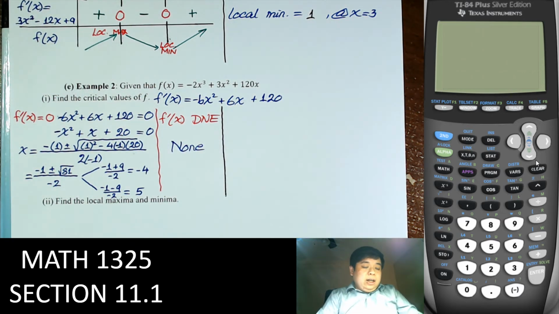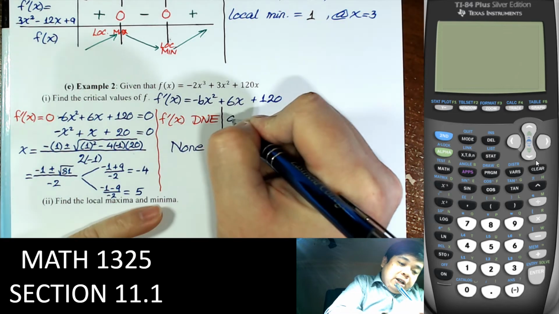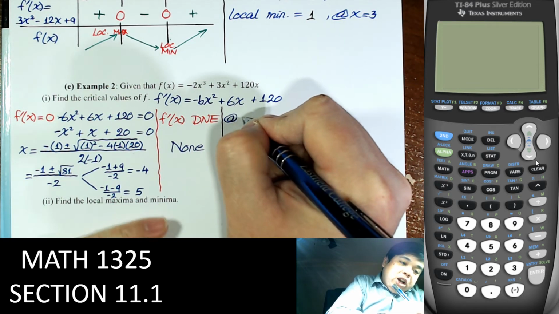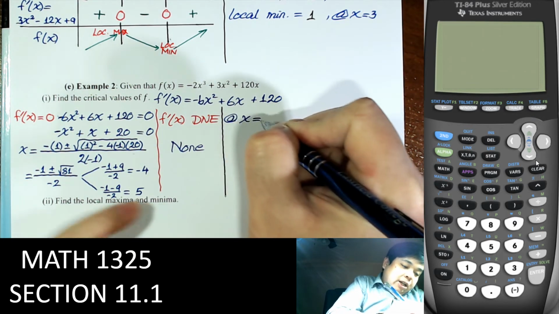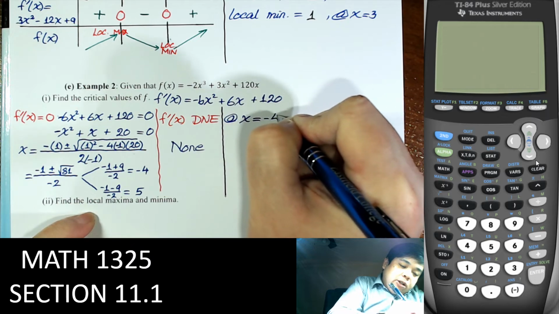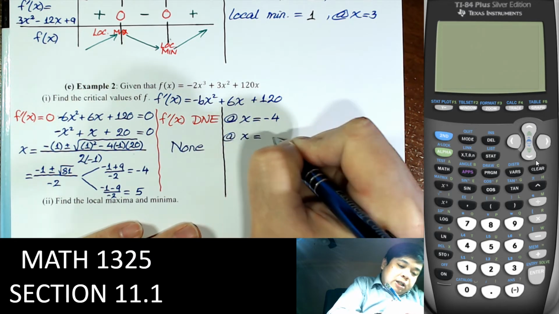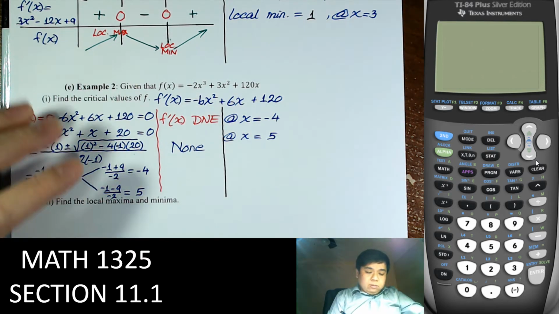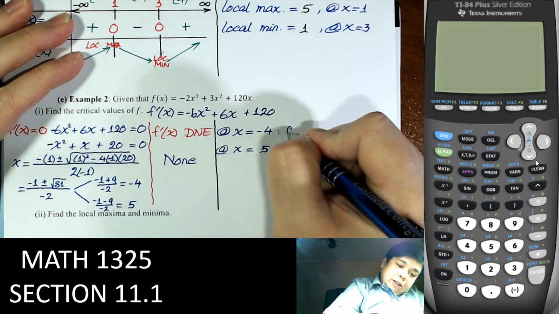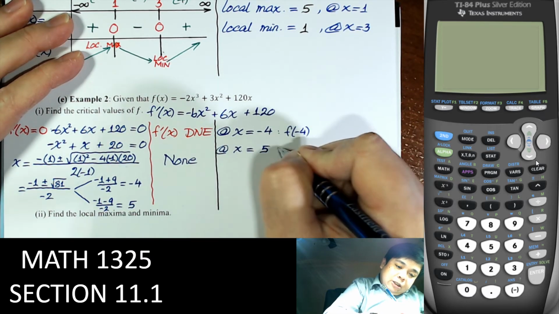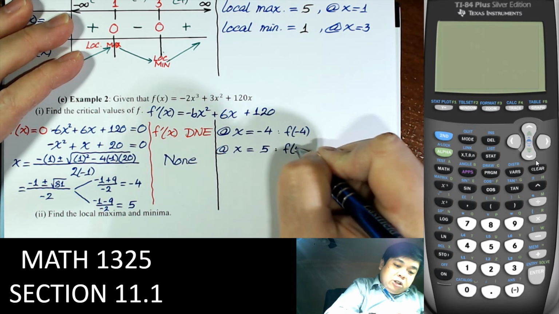Right. And then we find the values to check for the critical values at x equal to negative 4 and at x equal to 5. Remember, this is the original function.